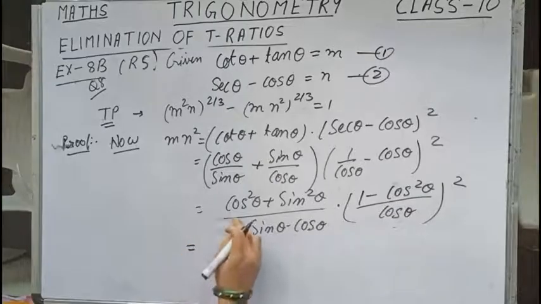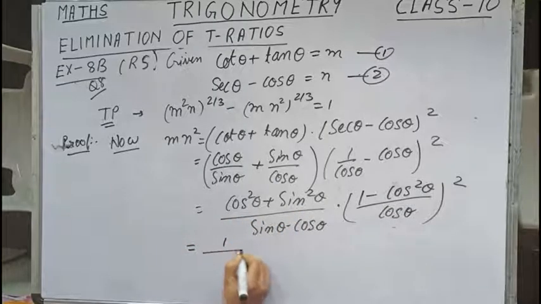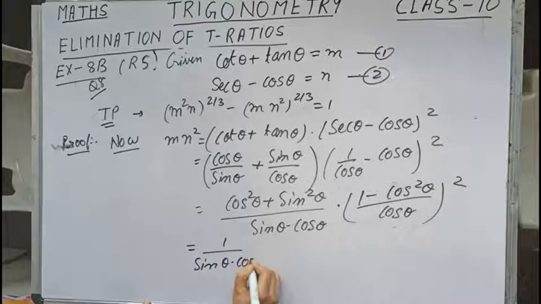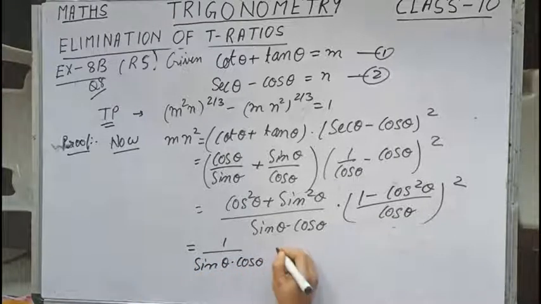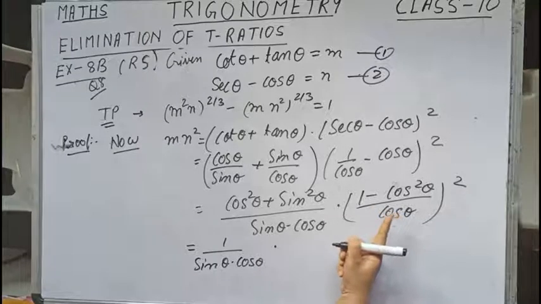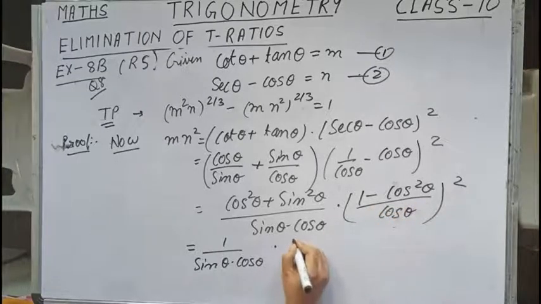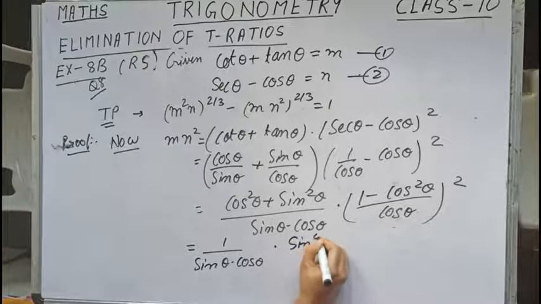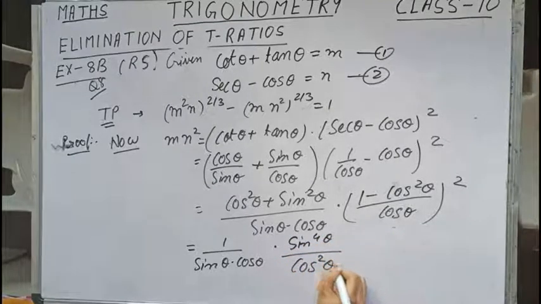Now sin square theta plus cos square theta is 1. So we can write over here 1 by sin theta into cos theta into (1 minus cos square theta is sin square theta, and sin square theta whole square is sin power 4 theta) divided by cos square theta.